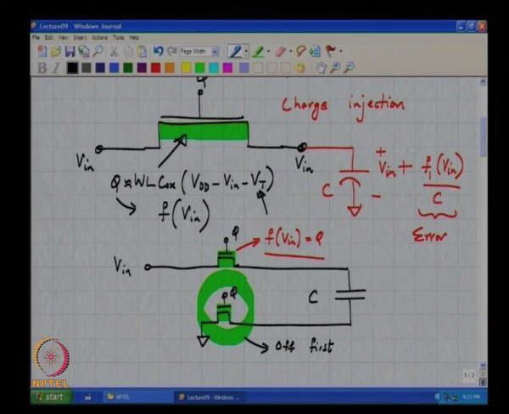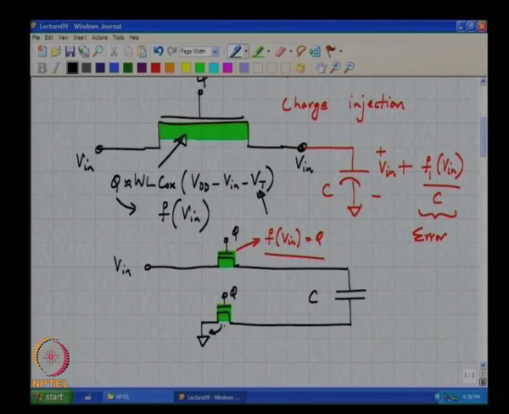So, what happens when you turn the lower plate off? Again some part of this channel charge will go to the left and some of it will go to the right. We do not know what fraction goes where.